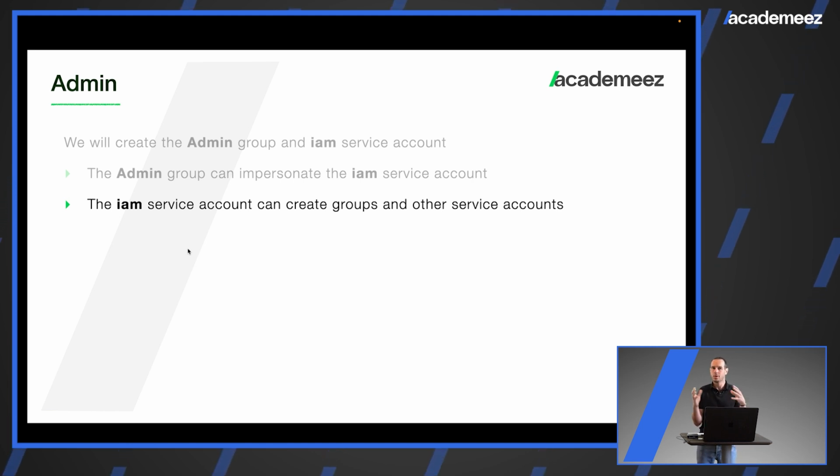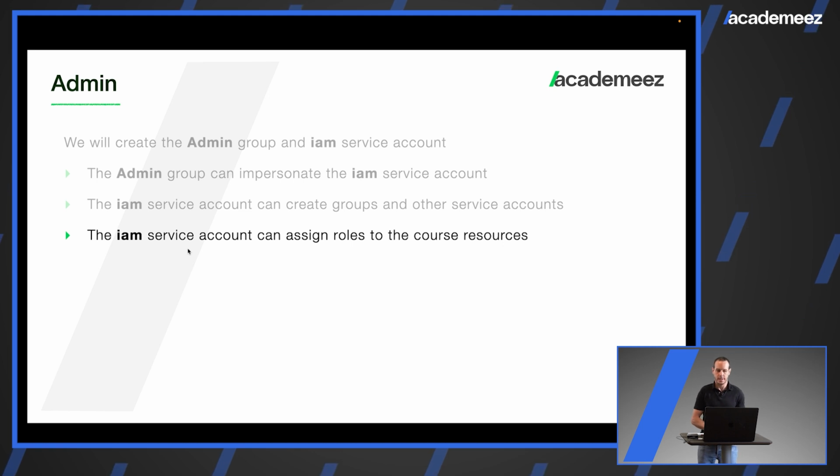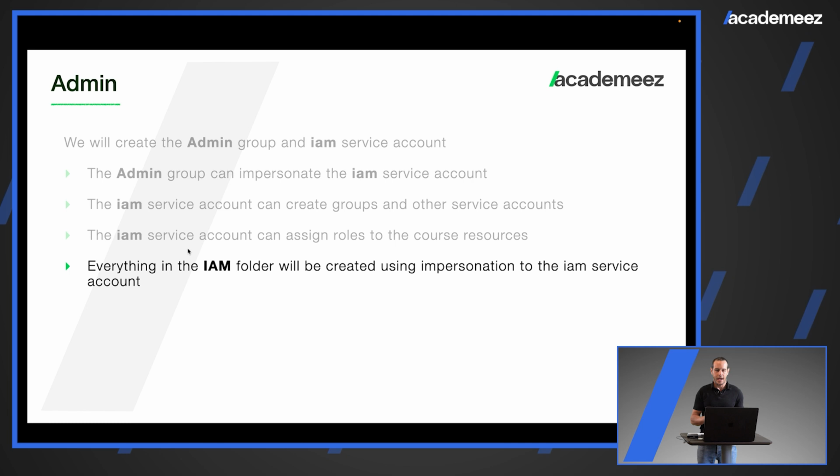They don't have all the power of the organization. They simply have the IAM power over the entire course resources. And as we said, everything within the IAM folder will be created using impersonation of the IAM service account.